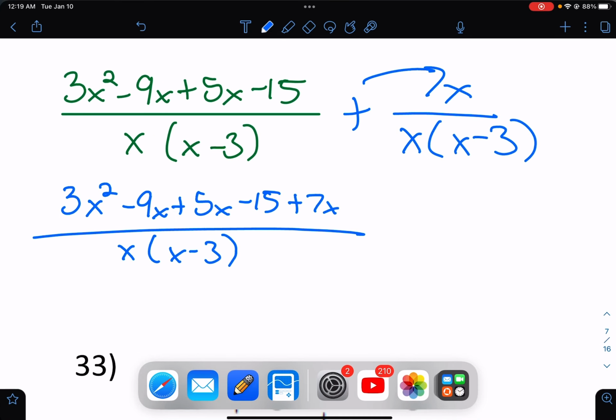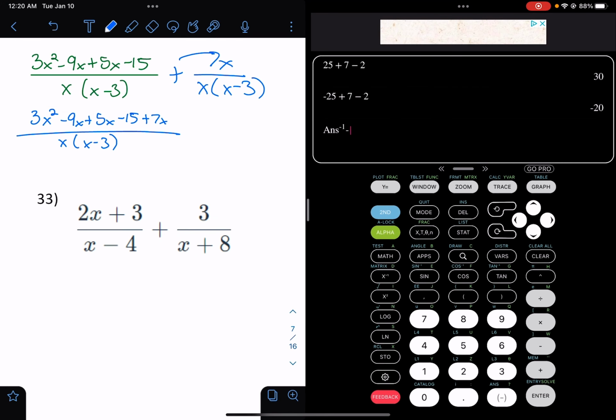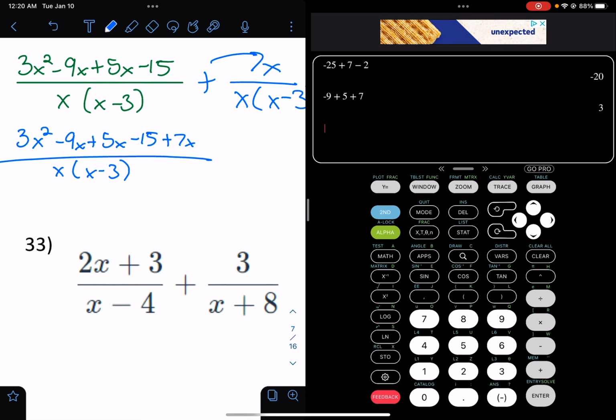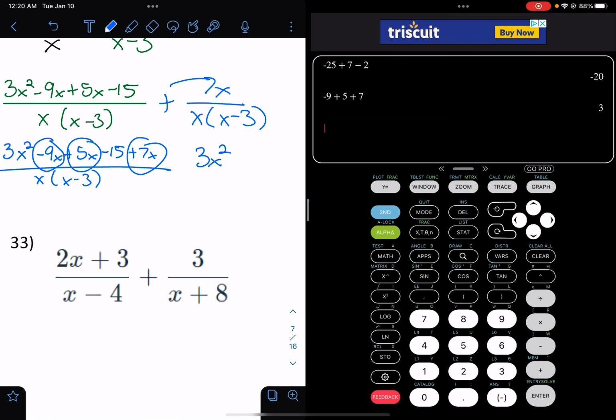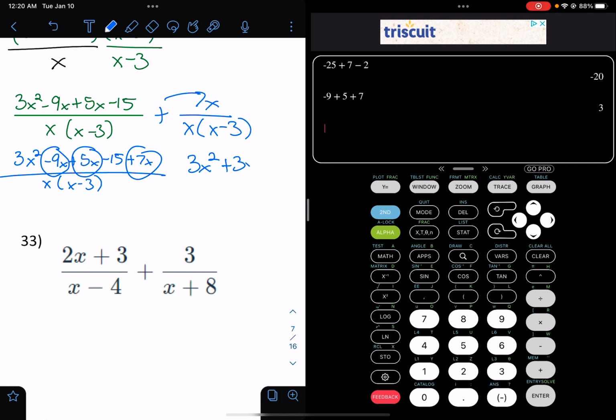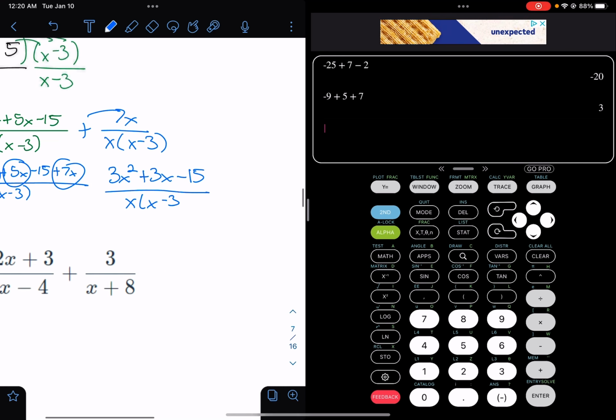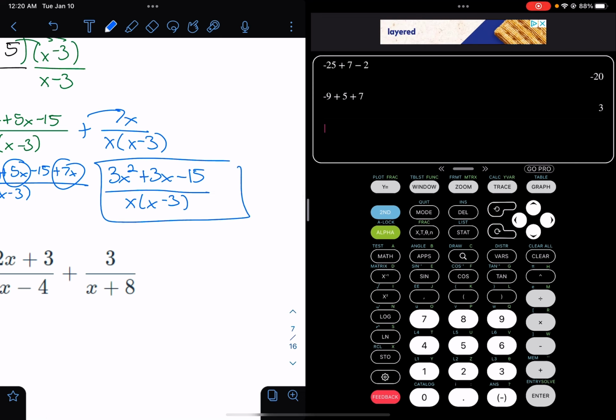So we end up with negative 9 plus 5 plus 7, which is going to give us 3x. That guy and that guy are all like terms, so they can combine. So we end up with 3x squared plus 3x, that's just combining like terms, minus 15, all over x times x minus 3. And that would be our answer there.